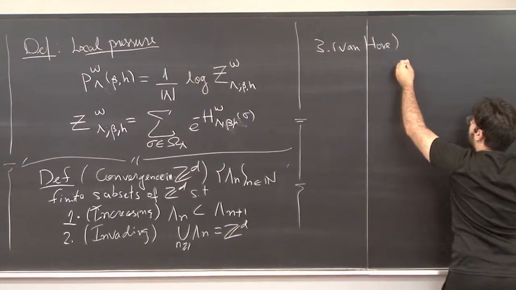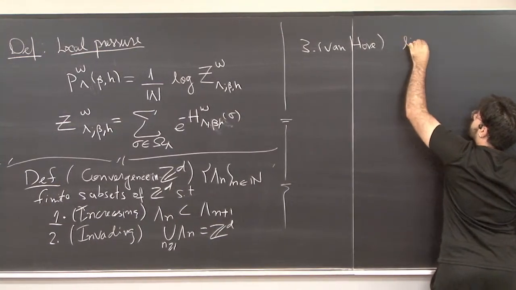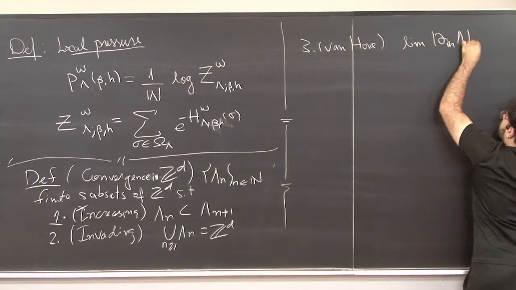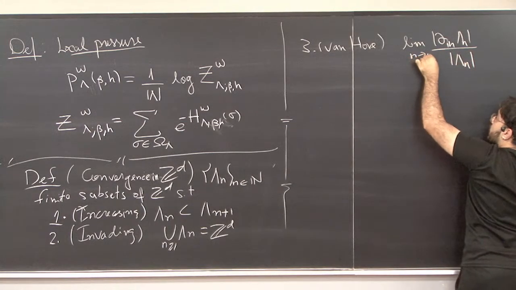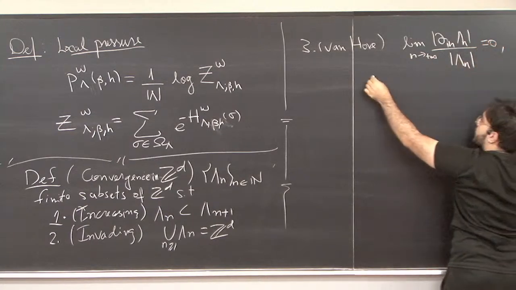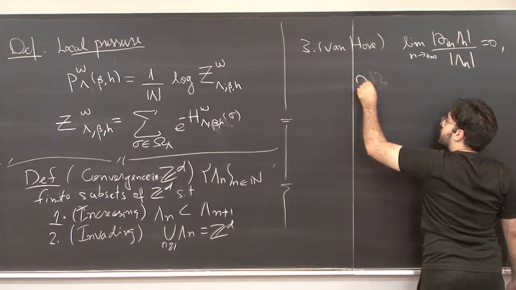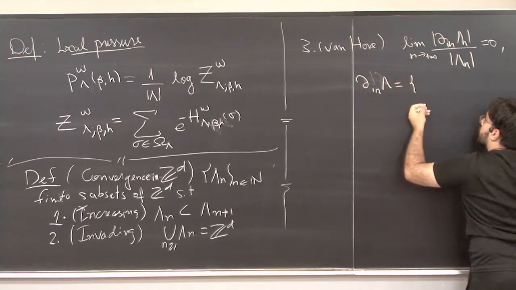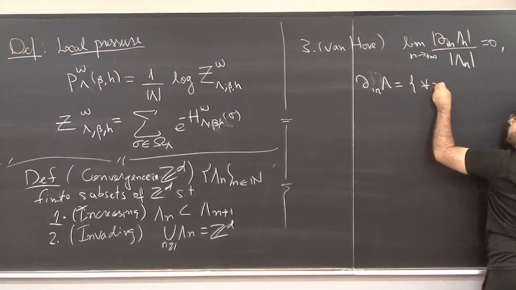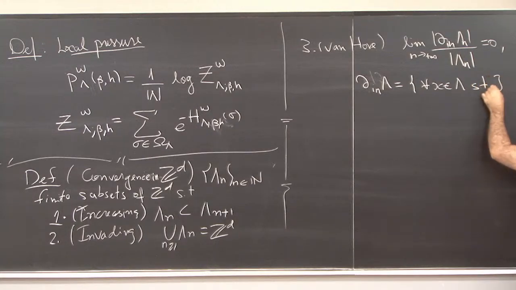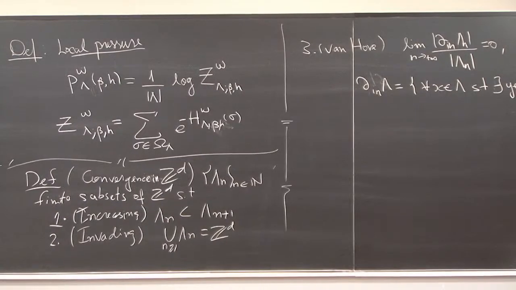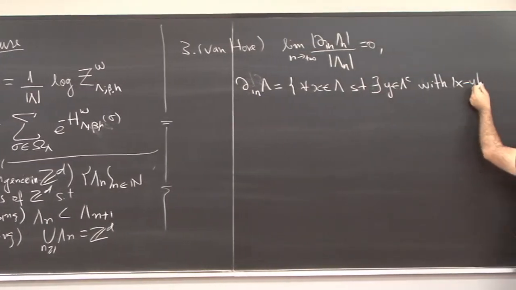They satisfy the Van Hove property, and this means that the limit of the boundary over its size, the limit in n, is actually 0, where, just to remind you, the boundary of a set consists of all points x inside this set such that there exists a y outside it with the distance of x minus y equal to 1, and remember this distance is in the L1 norm.